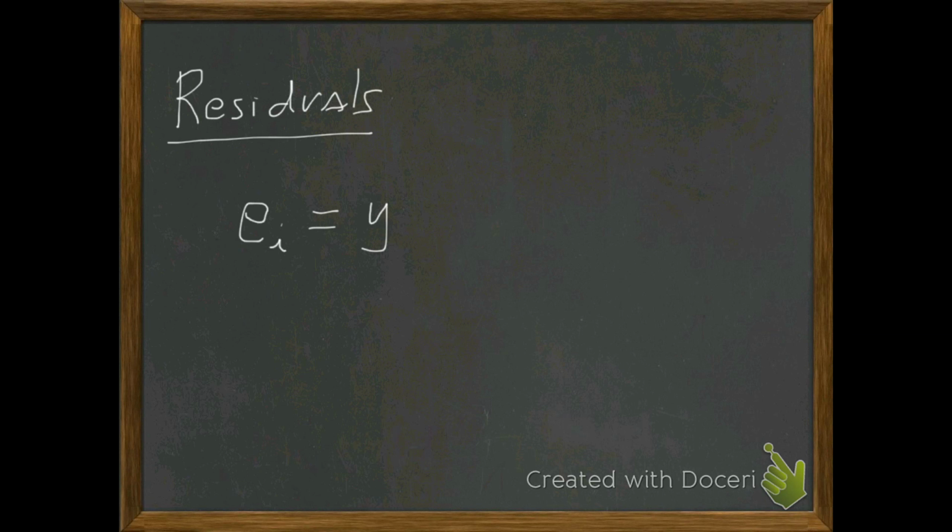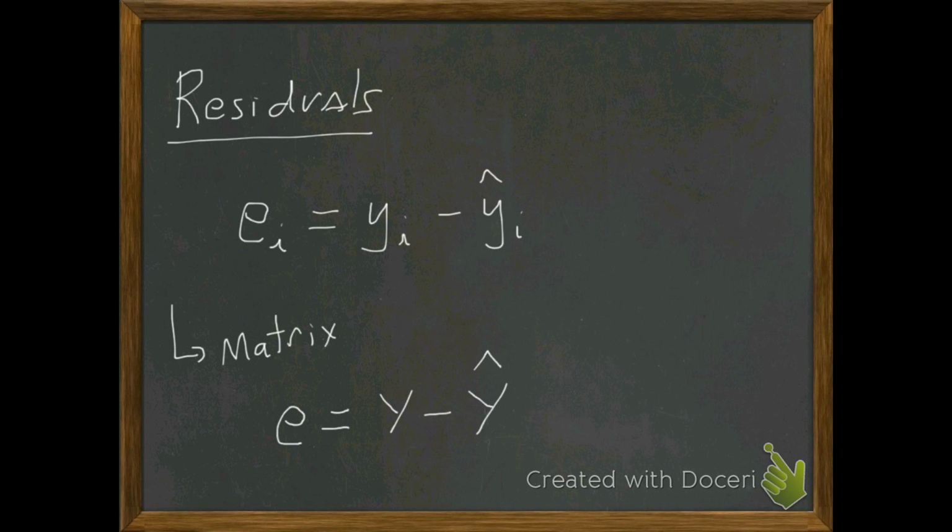And this is the difference between the observed Y and the predicted Y, or the fitted Y. So if we move this into thinking about how this happens with a matrix, there should be no doubt that we're going to take our Y matrix minus our Y hat matrix, which is going to give us Y minus X times our beta matrix.